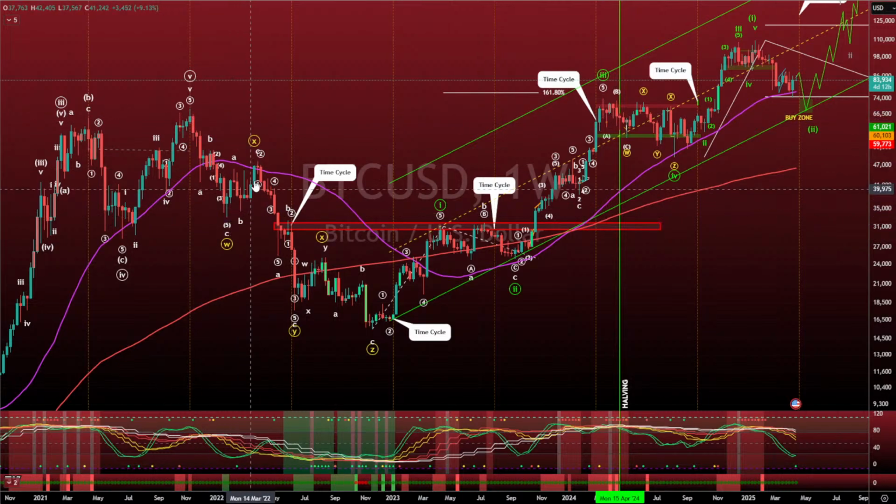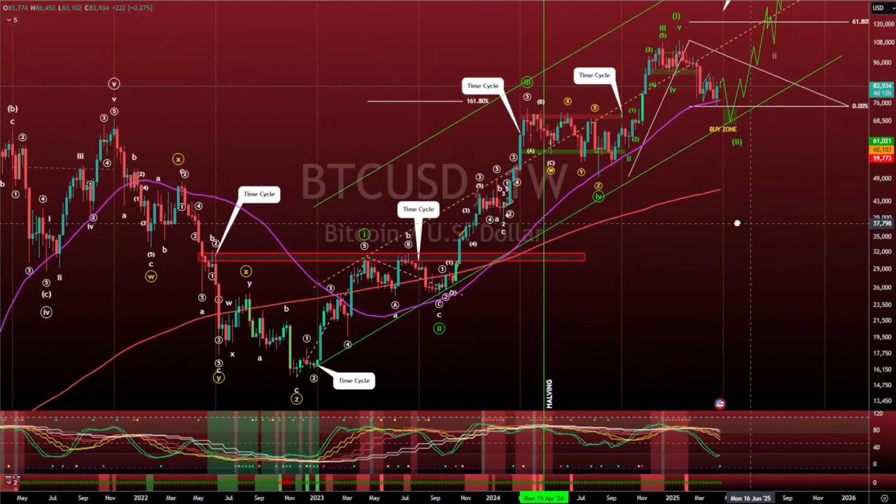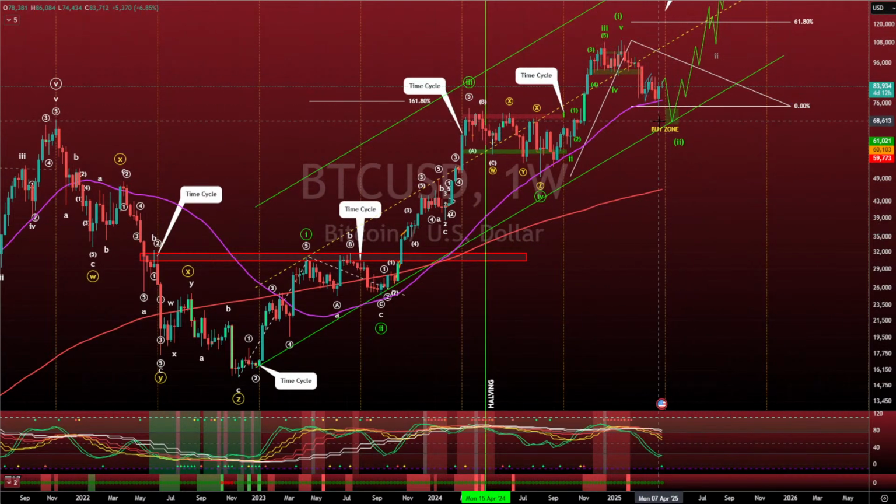So I was looking at a WXYXZ to complete a larger correction, and then a 1, 2, 3, 4, and potentially a 5, right? If we've got a 5 here, that means we're going to be going lower, and I would pull out a fib on that. But what I really am interested in seeing is a pullback here to this zone, which is going to be at about 70,000.